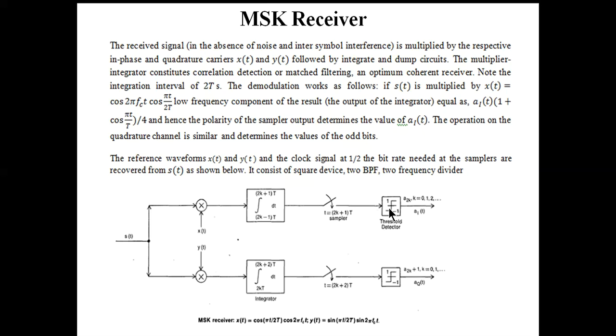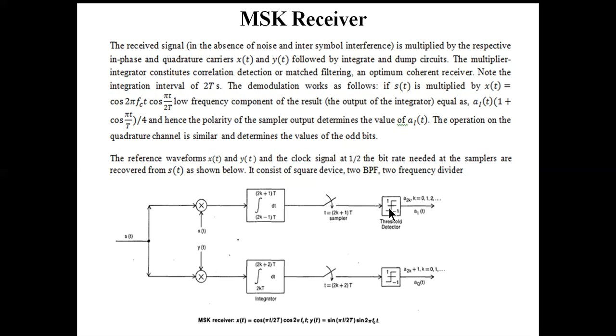That means this is coherent detection, so we regenerate x(t) and y(t), multiply the MSK signal with x(t) and y(t) respectively, and the corresponding output goes to the integrator, sampler and threshold device.